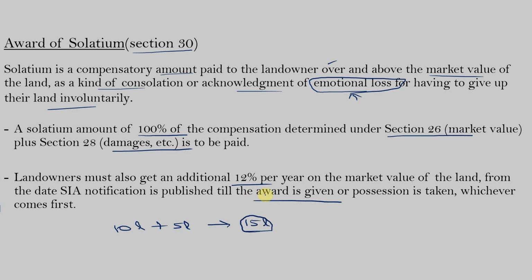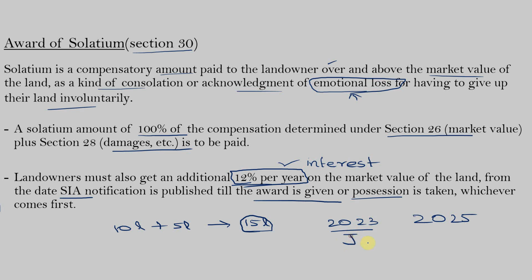There is one more point which states that an additional 12% interest per year shall be paid on the market value of the land. So, suppose the SIA notification, that is the Social Impact Assessment notification, is published in the year 2023, and the final declaration or the possession of the land is taken in the year 2025.